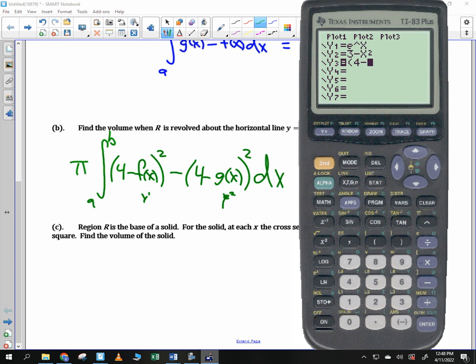So I'm going to go vars, y vars, function, y1. Parentheses, and what do I do with that? Square it. Minus, parentheses, 4 minus what? Y sub 2. What do I do with that? Square it.